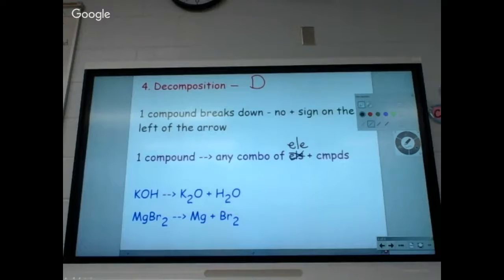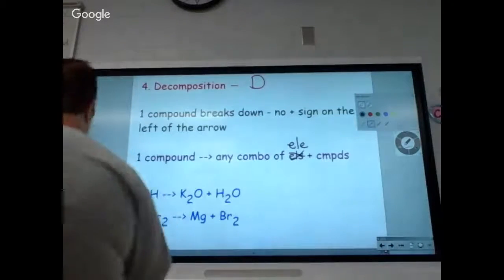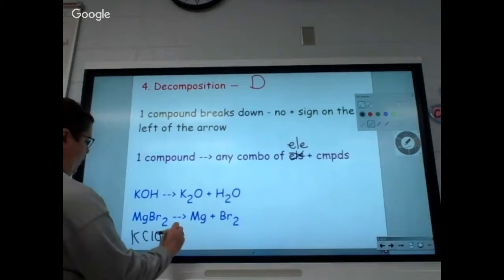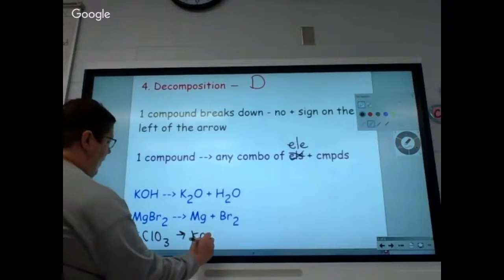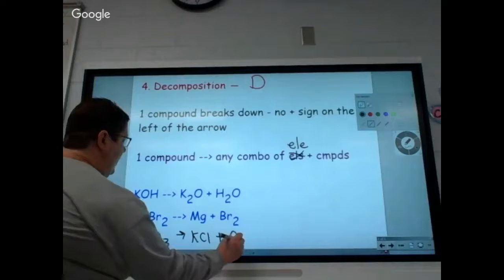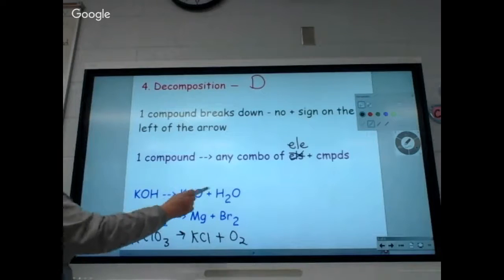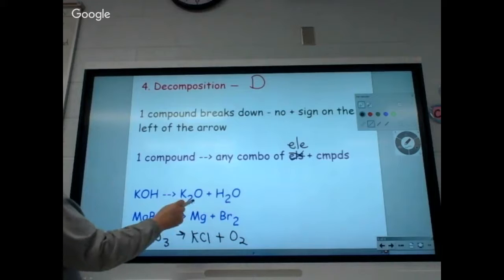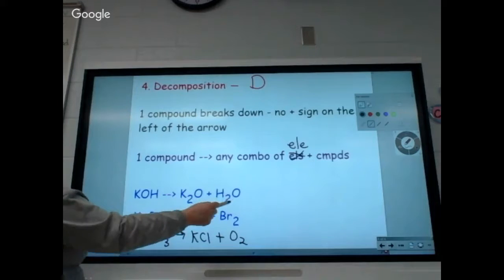So the first one, I gave you a compound that breaks down into two compounds, and then I again gave you one that breaks into two elements. So if I give you the same one I gave you a second ago, this one will break down into a compound plus an element. So this one broke into, what are these two things? What's this? What's this? Everybody okay with that?